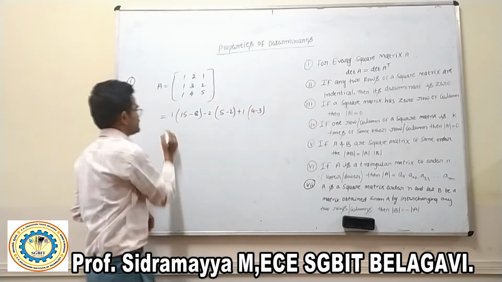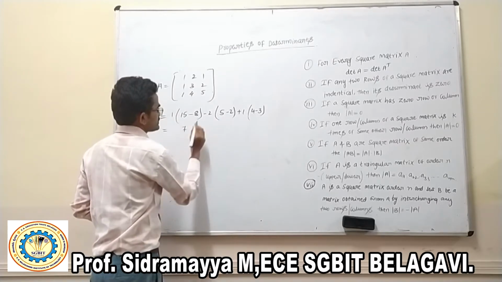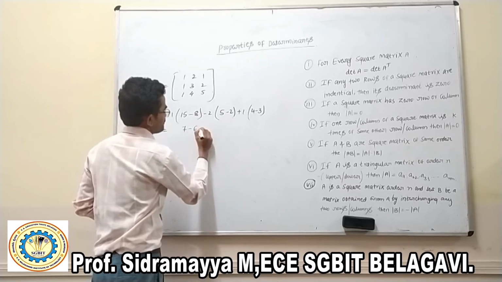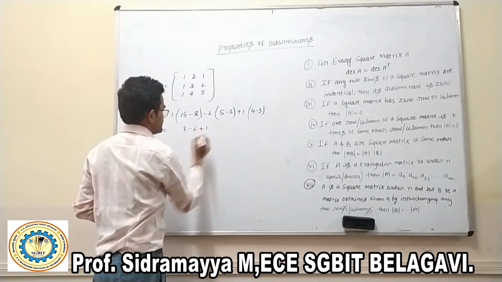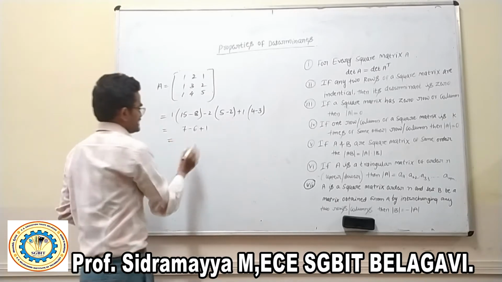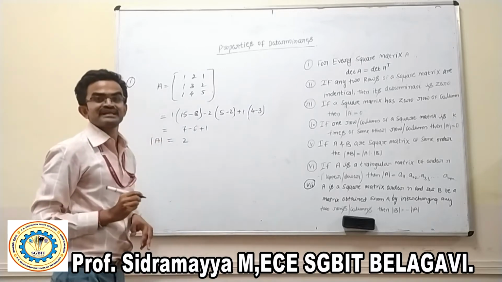Now calculate this. 15 minus 8 is 7, minus 3 into 2 is 6, plus 4 minus 3 is 1. So 7 plus 1 is 8, 8 minus 6 is 2. So this is the determinant of matrix A.